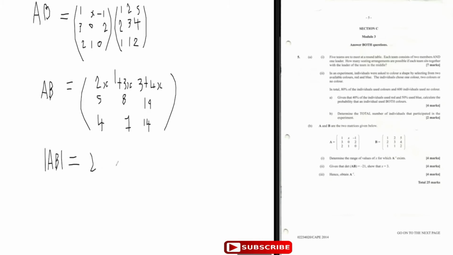So it's 2x times the determinant of 8, 19, 7, 14, minus 5 times the determinant of 1 plus 3x, and then that's supposed to be 3 plus 4x. All right, 1 plus 3x, 3 plus 4x, 7 and 14.